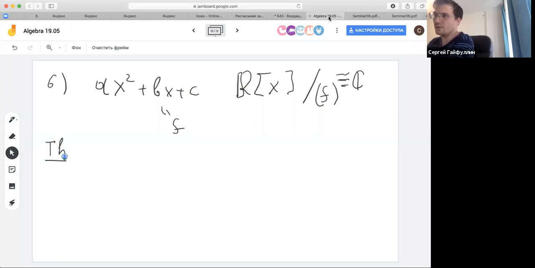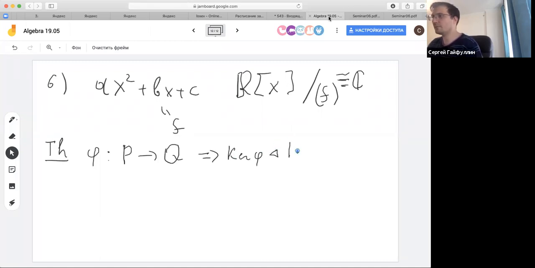This theorem says that if we have a homomorphism phi from a ring P to a ring Q, then the kernel of phi is an ideal in P, and the factor of P by the kernel is isomorphic to the image of phi.